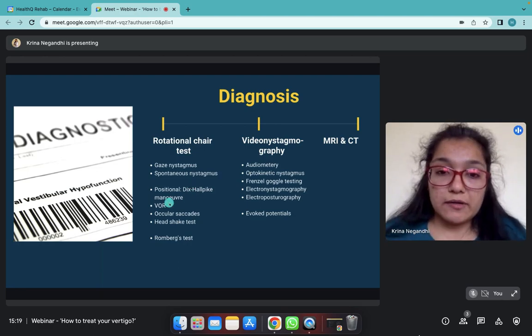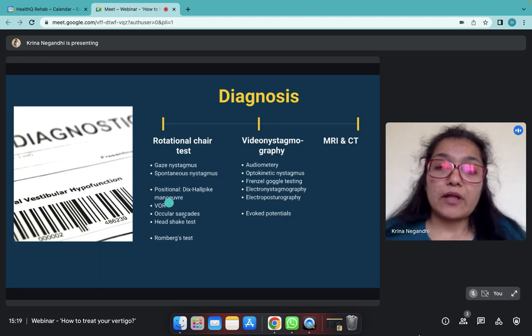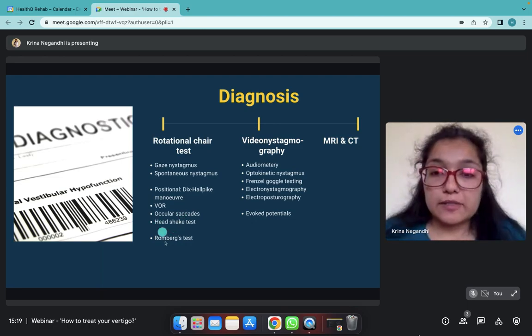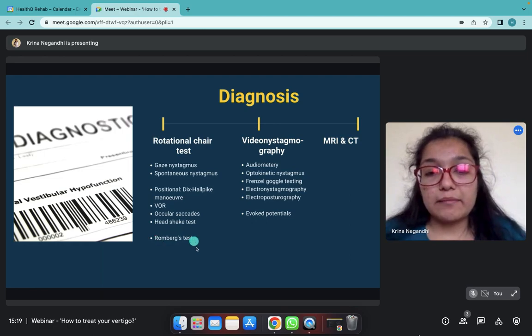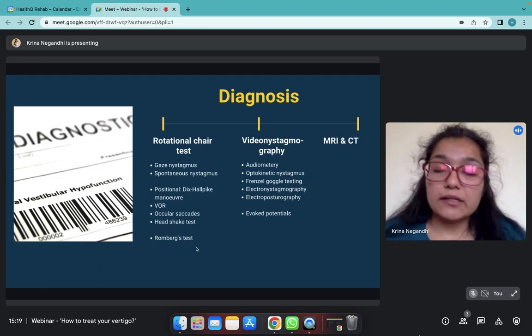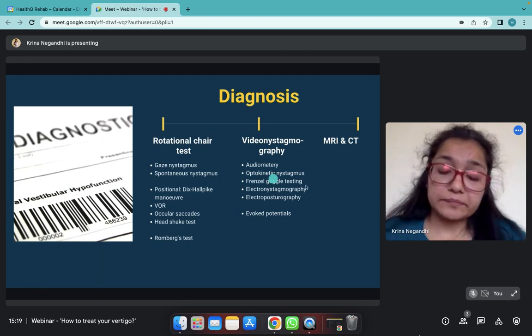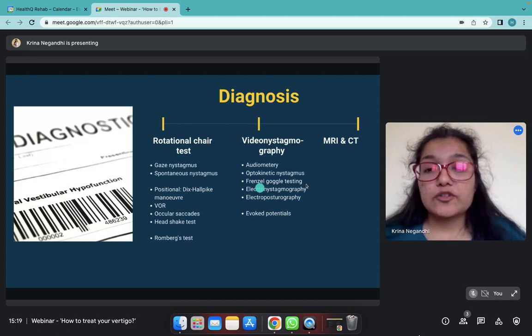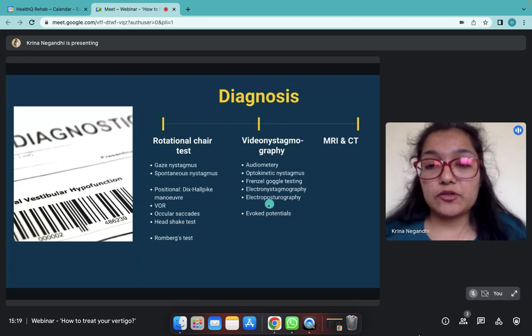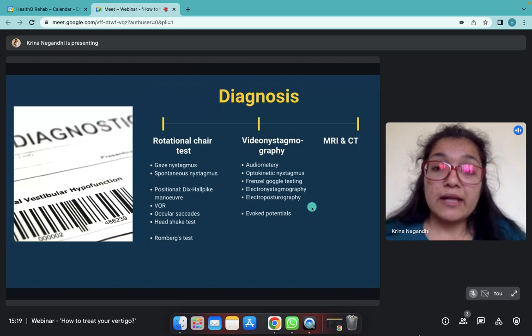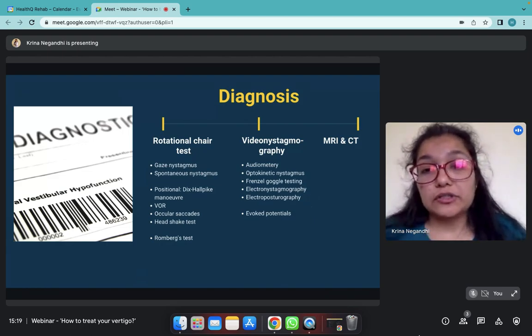Positional vertigo can be differentiated through the Dix-Hallpike maneuver, vestibulo-ocular reflexes, ocular saccades, and the head shake test. For central causes, there are several laboratory diagnoses such as audiometry, optokinetic nystagmus, Fitzgerald-Hallpike testing, electronystagmography, as well as electrooculography.